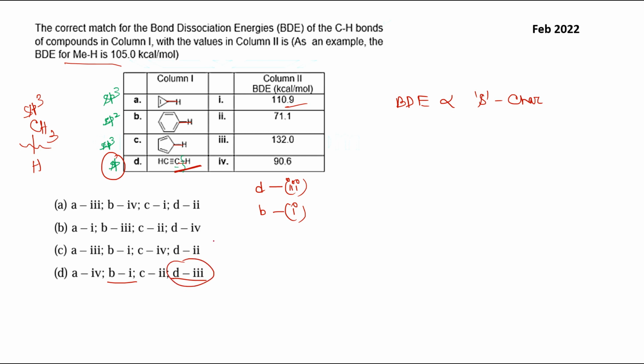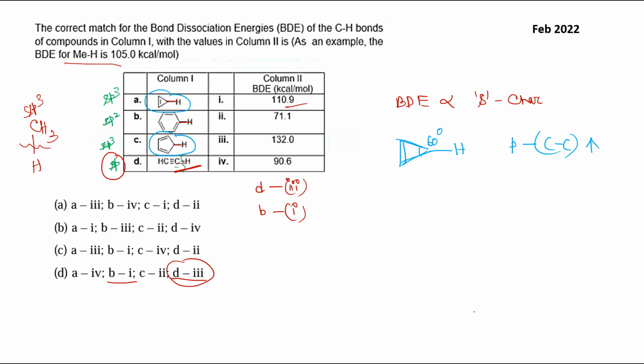But how will we explain the other two molecules? So both are basically sp3, right? But in the first case, this angle is 60 degrees. Now for sp3, the angle is 109 degrees, compared to that it is very less. So the P character of the CC bonds, I am talking about these two CC bonds, is very high compared to normal sp3.